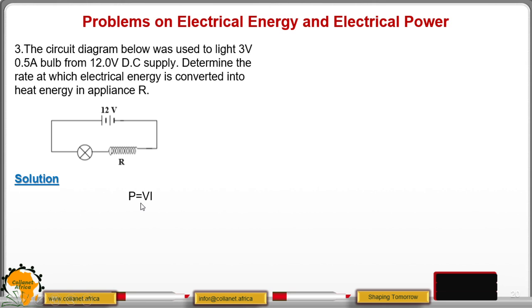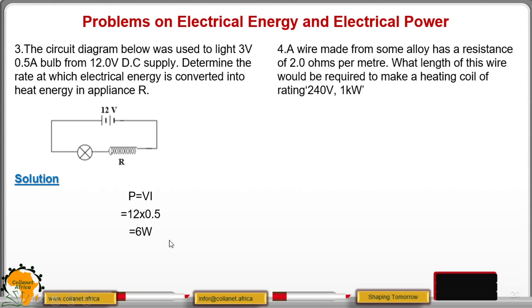First of all, we always write the formula. Remember, we are saying you must be systematic. Start with the formula. Power is equal to voltage times current. We have the voltage, we have the current. So by multiplying, you get that the power is 60 watts.